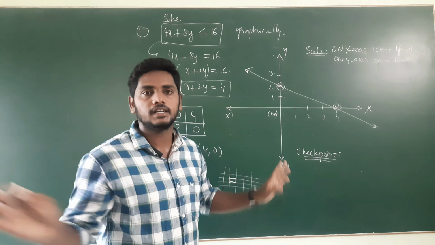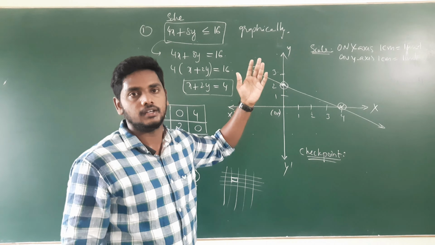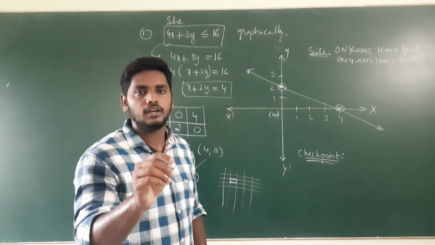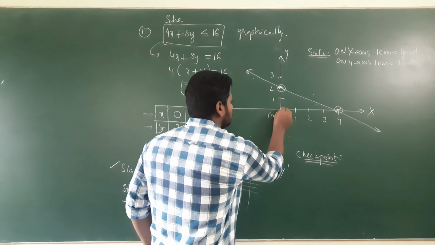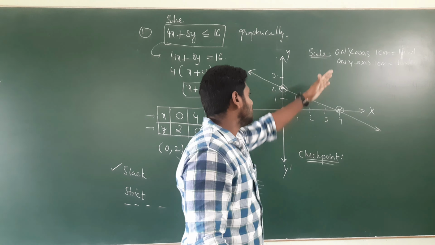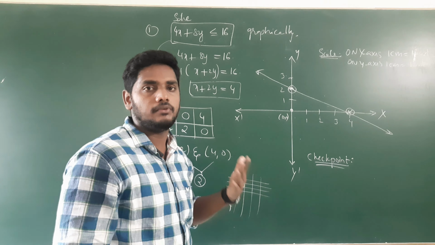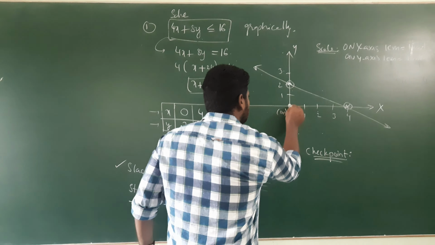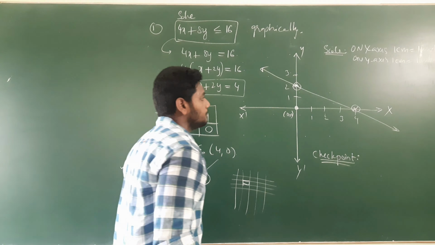Instead of all that confusion about which point to take, I prefer you take only one point, that is 0, 0. For any line, it may be like this or like this, I prefer you to take this point, that is 0, 0.